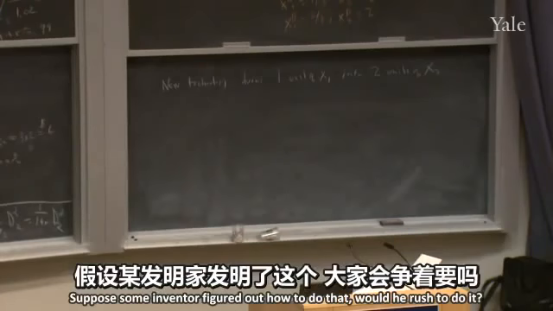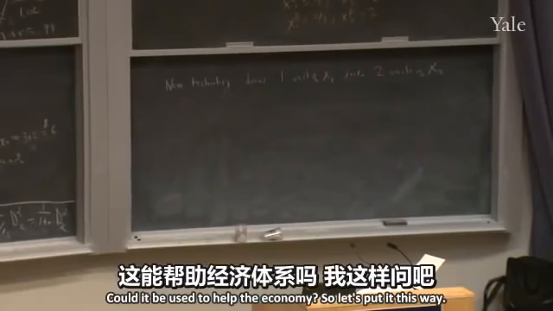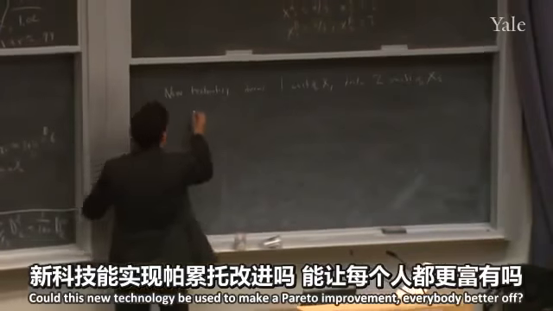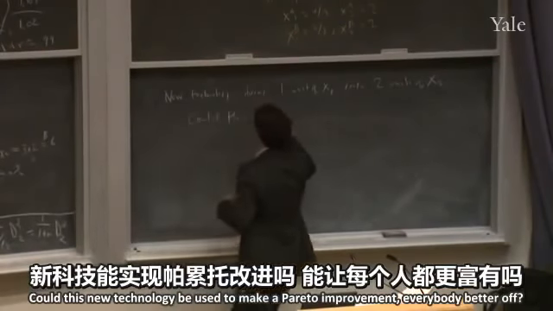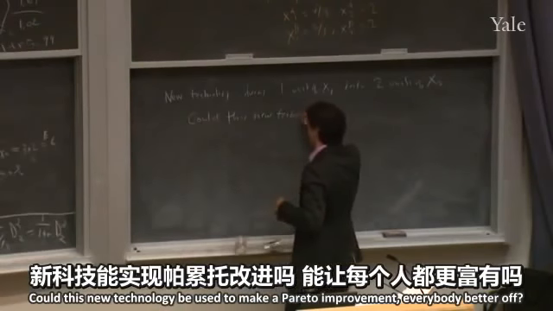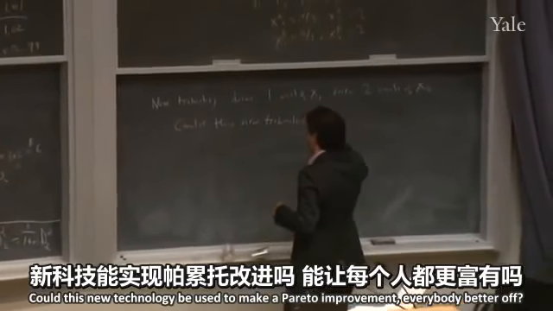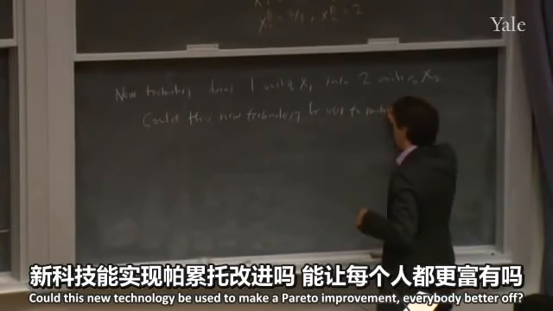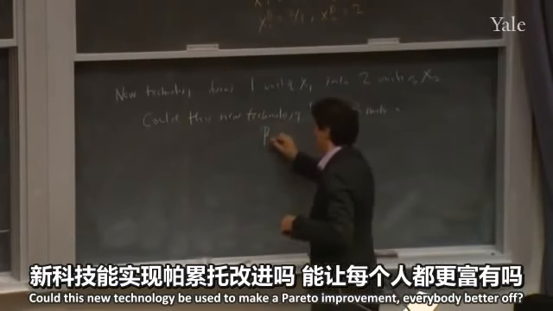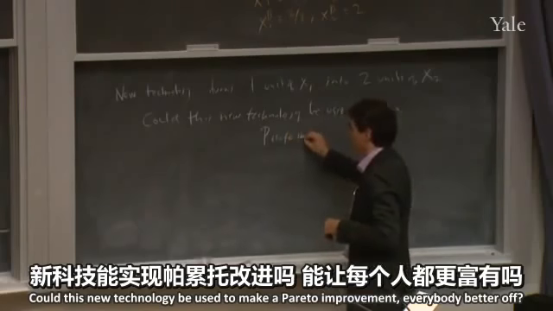Suppose an inventor figured out how to do that. Would he rush to do it? Could it be used to help the economy? Let's put it this way: could this new technology be used to make a Pareto improvement, everybody better off?